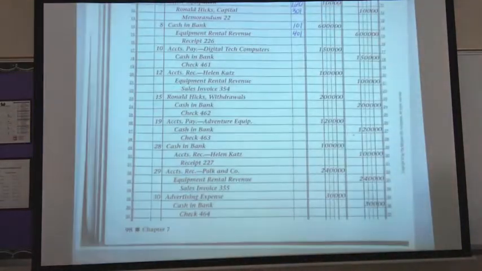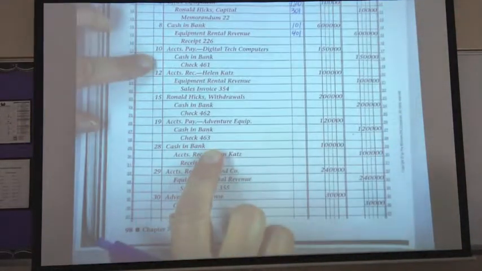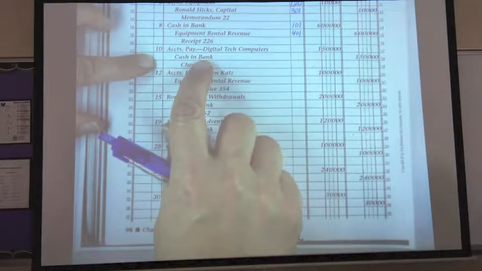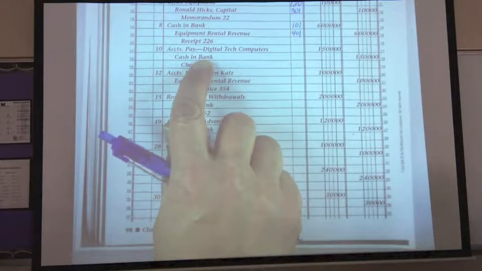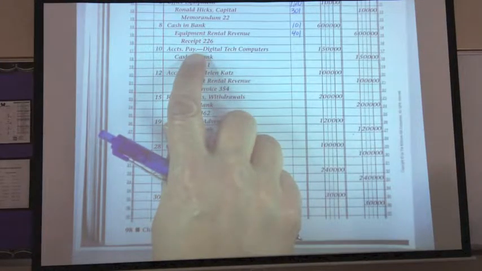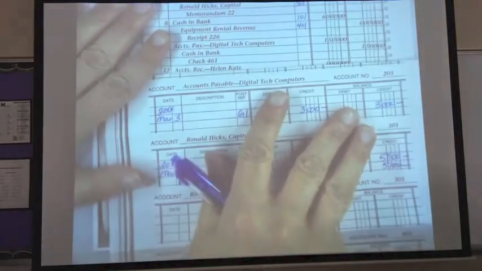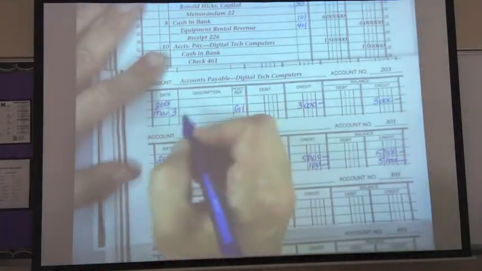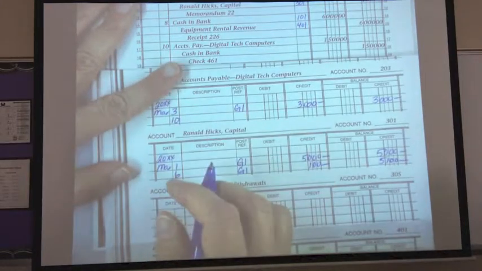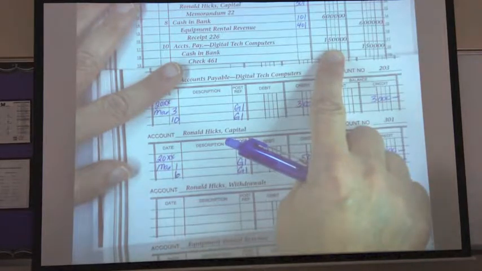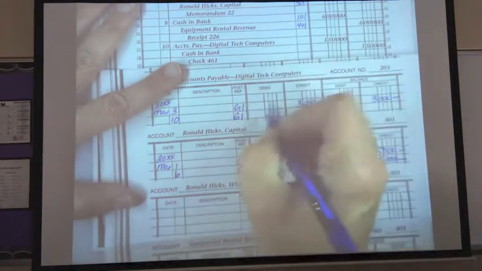All right, here's where I lied. I said I'm going to do one more transaction. That's on the 10th, because I want to show you what happens when cash in bank actually goes down. So let's start with our first one, accounts payable, Digital Tech Computers. All right, here we go. On the 10th, from G1, we had a debit of $1,500.